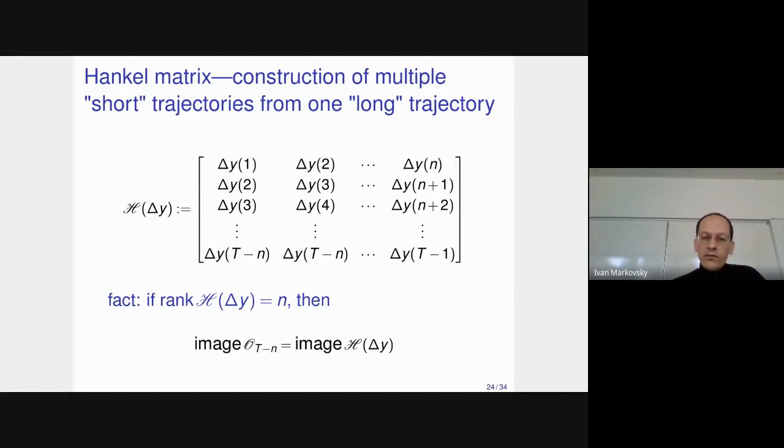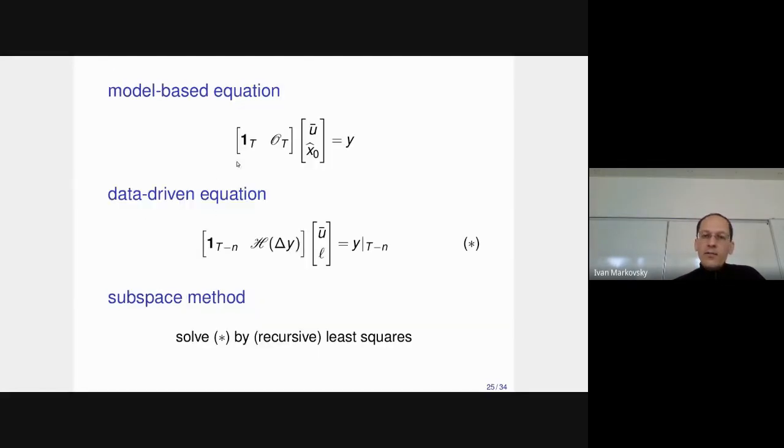So using this fact, in the system of equations that we solve with the given model, we can replace capital O with the Hankel matrix of the data and solve this new system of equations, which depends only on the data, to get the estimate of the parameter of interest. We can do this, and this is what I call the subspace method.